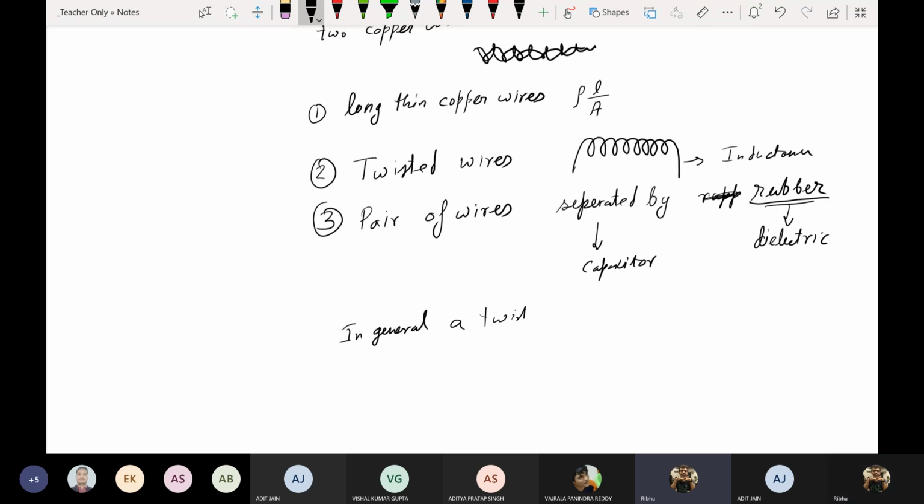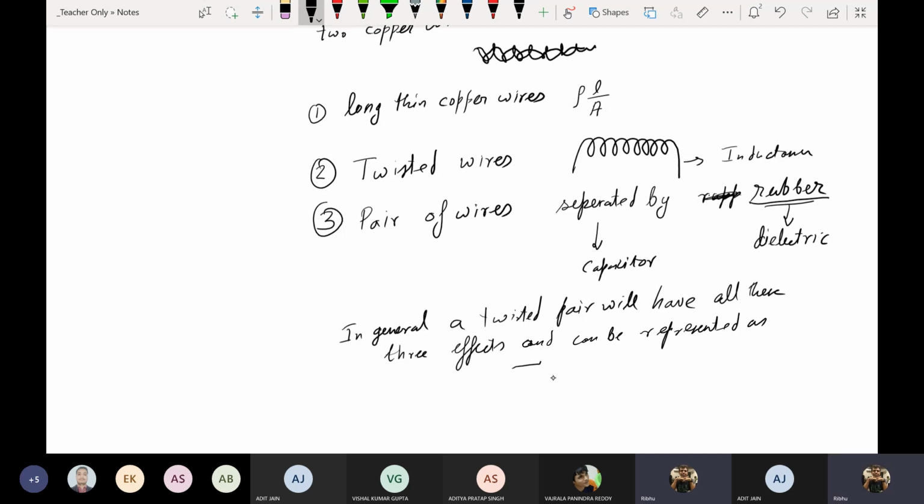In general, a twisted pair has all these effects, and we can see it as a two-port network.